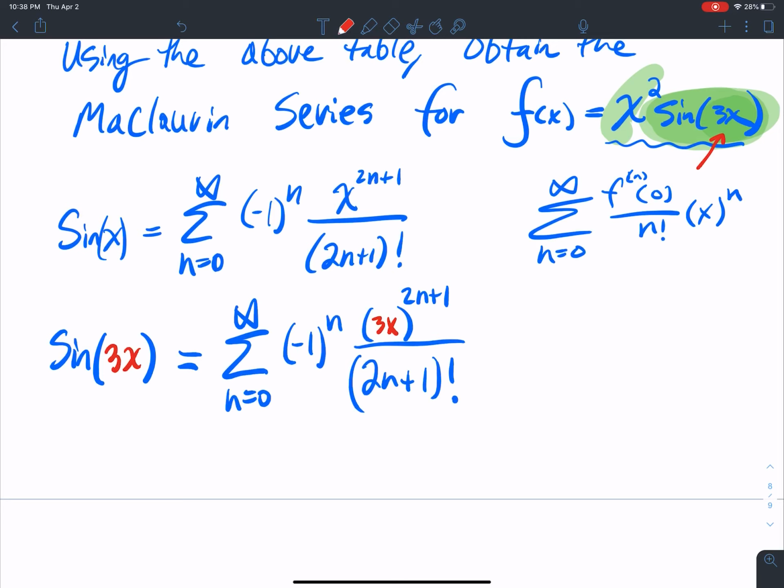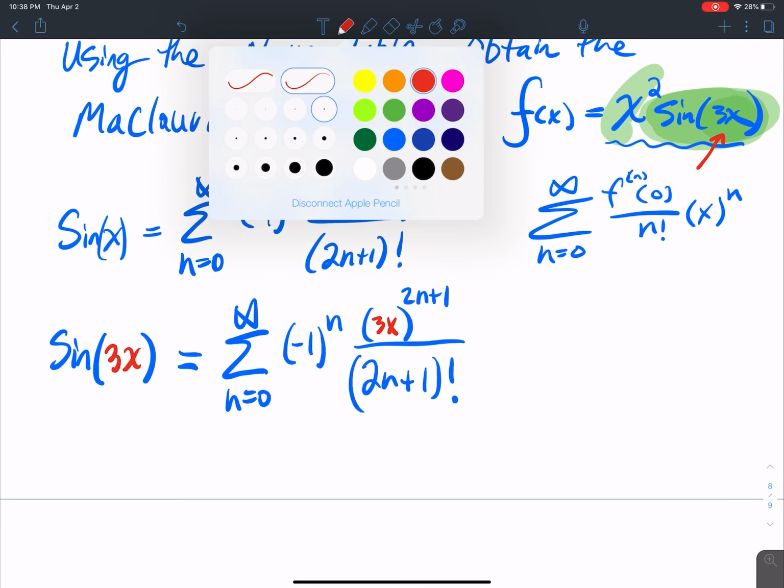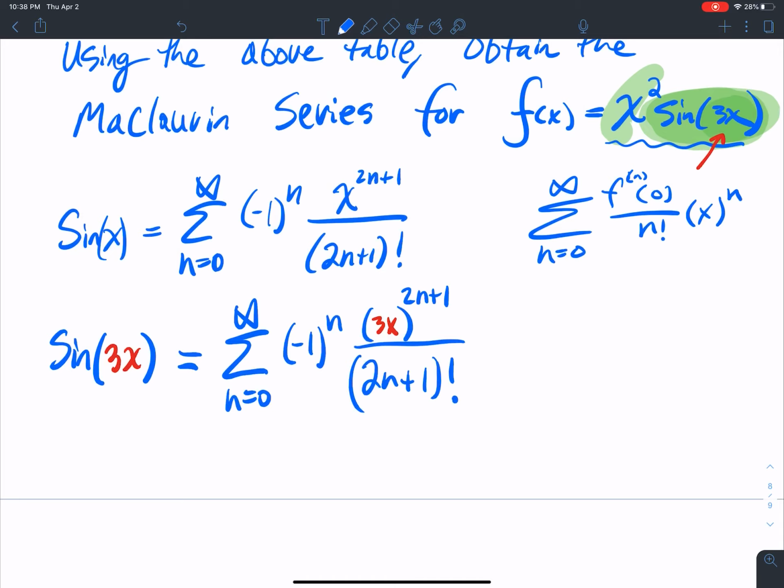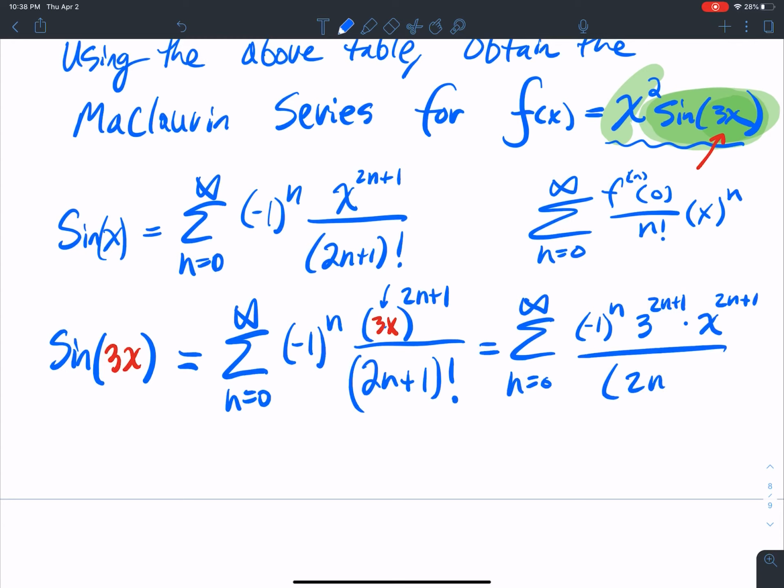So this is going to give me the sum from n equals 0 to infinity of -1 to the n, and then I have 3 to the 2n plus 1 times x to the 2n plus 1. I just split them up in here. Both of those are multiplied together, raised to the 2n plus 1, over 2n plus 1 factorial.